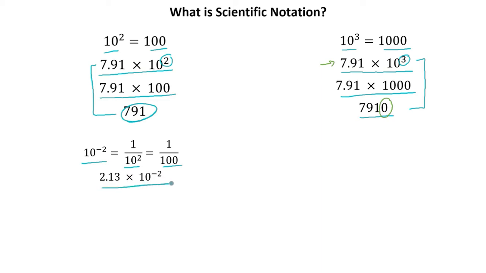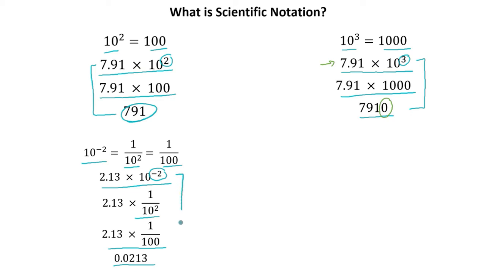So looking at this number right here, raised to the negative 2, it is the same thing as saying I'm going to multiply by 1 over 10 squared, or dividing by 100, which is going to give me 0.0213.